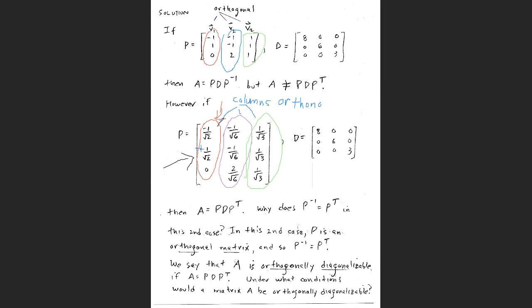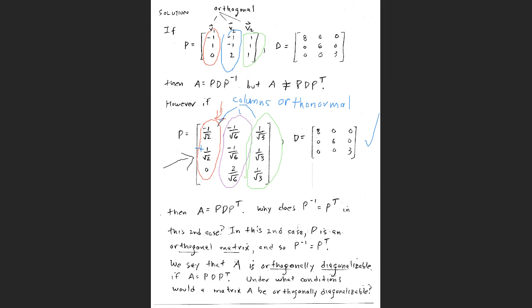And the columns are orthonormal because they are orthogonal and they all have length 1. The matrix T we will leave as is.